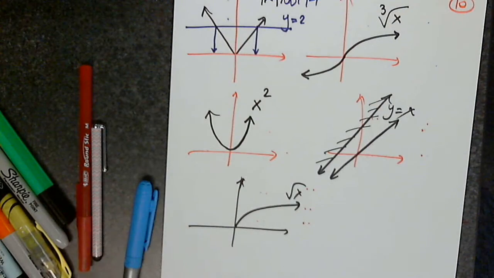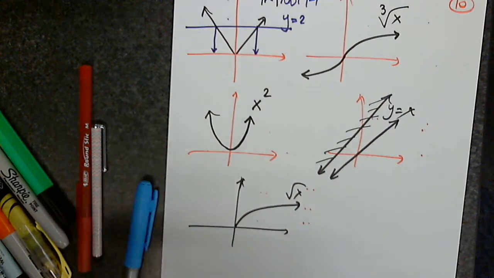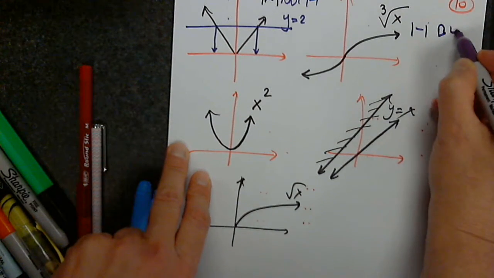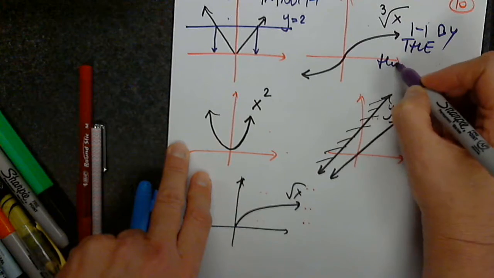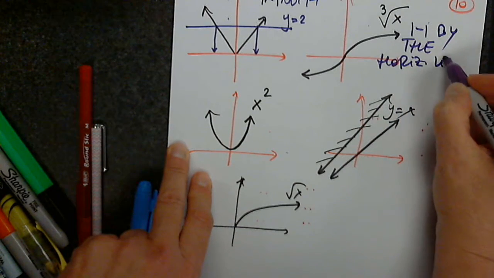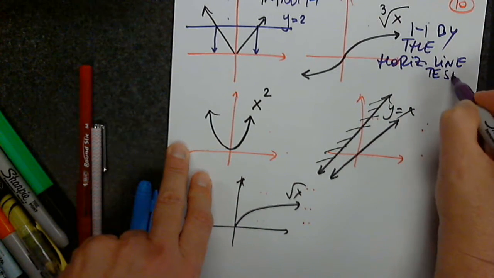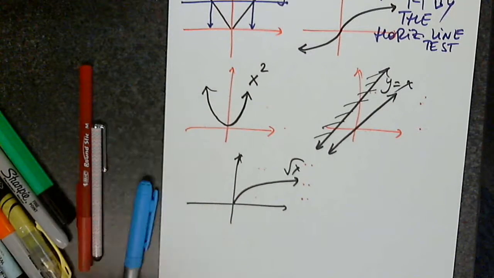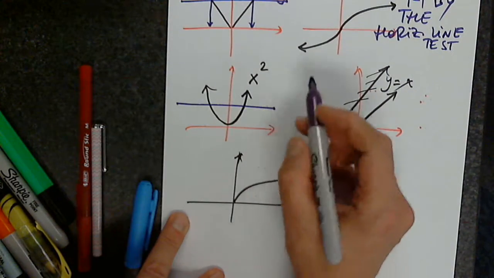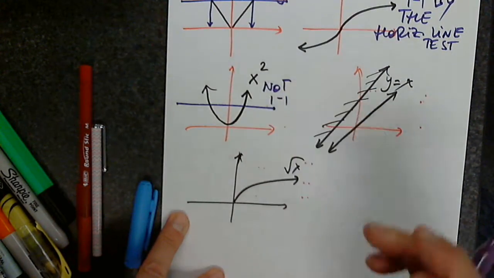What about the cube root by the horizontal line test? Is the cube root one-to-one? One-to-one by the horizontal line test. What about x squared, the quadratic function? Is it one-to-one? No. By the horizontal line test, not one-to-one.